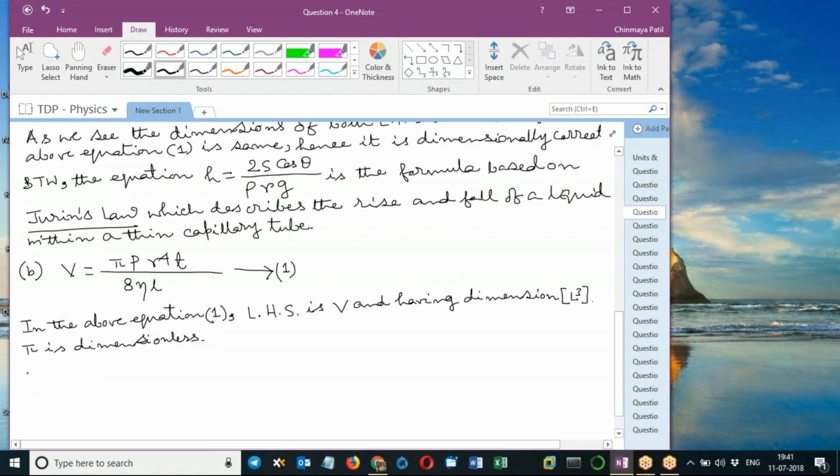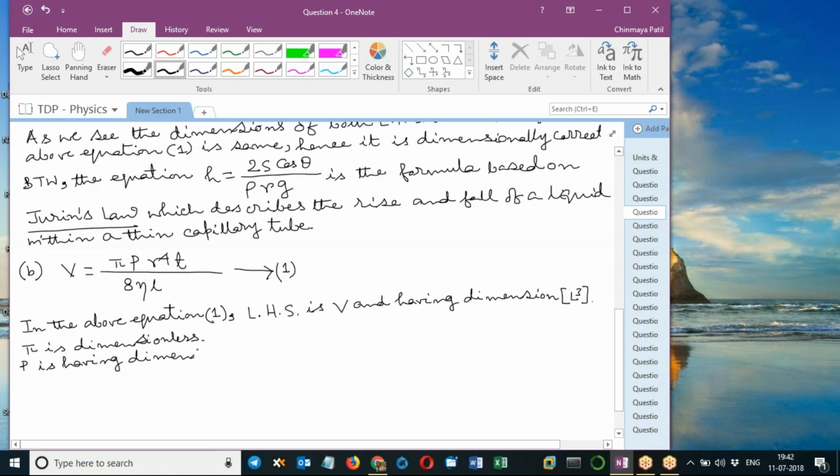What is the dimension of P? Pressure? M to the power 1, L to the power minus 2, T to the power minus 2. No, wrong. L power minus 1. Correct. M L power minus 1, T power minus 2.